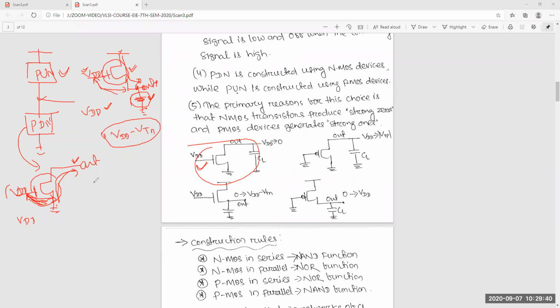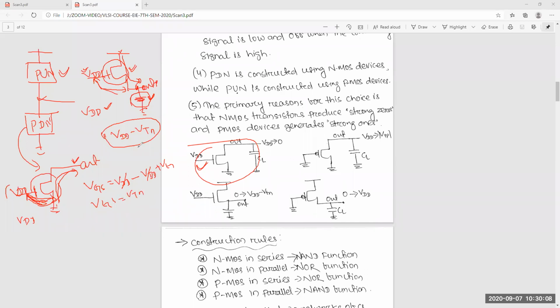At that time, what is your VGS? VDD minus (VDD minus VTN), which is equal to VTN.